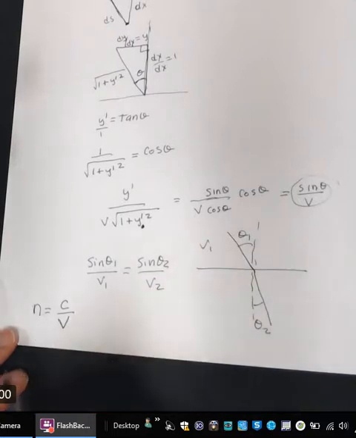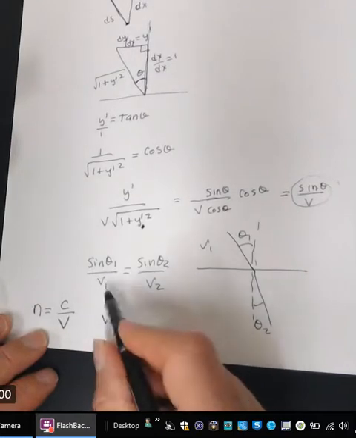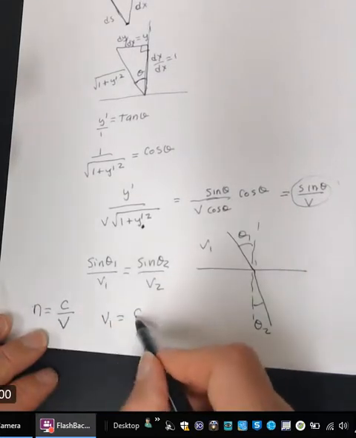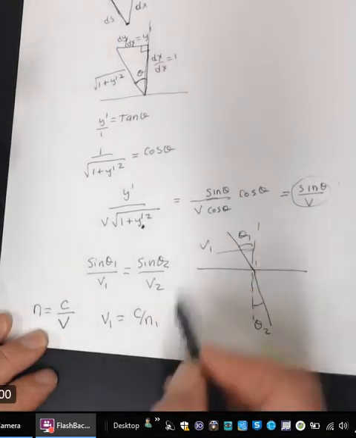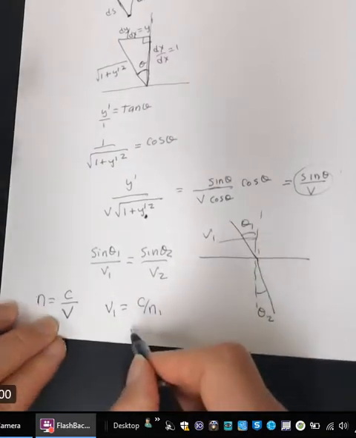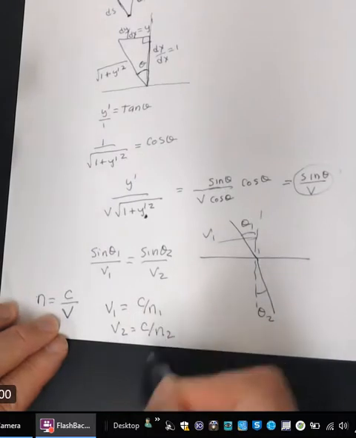So that material then has this index of refraction. So we would have v1 equals c over n1, index of refraction of this side, and v2 equals c over n2.